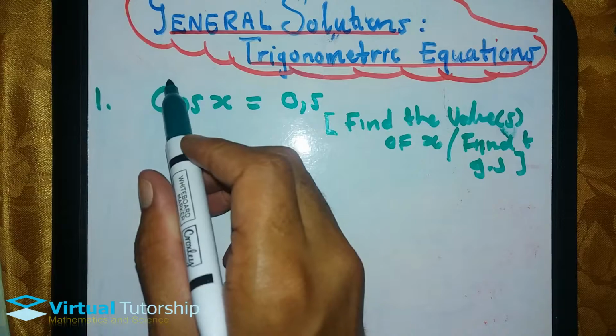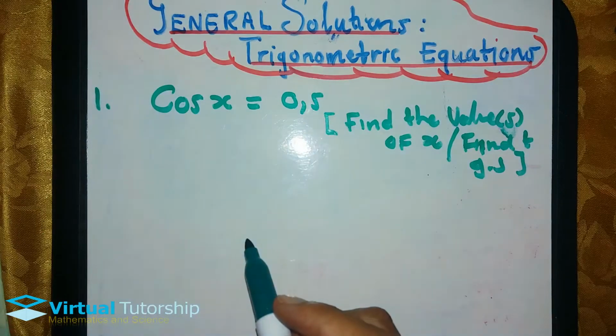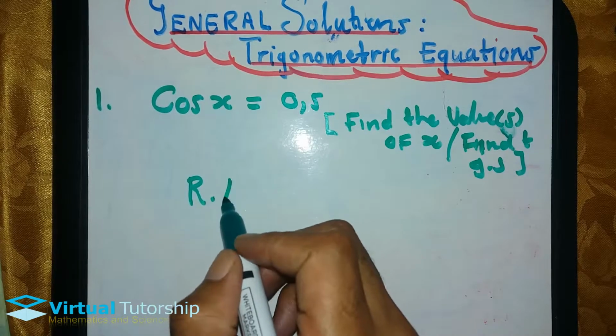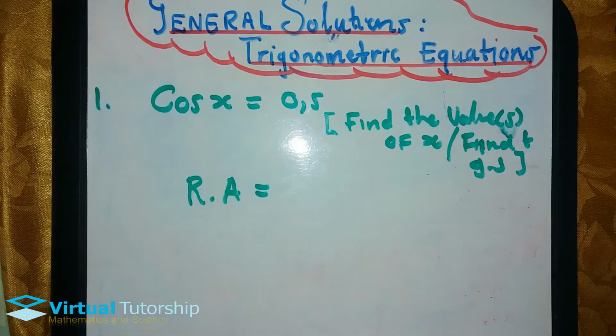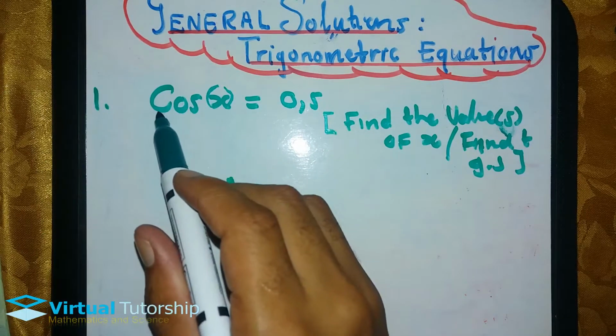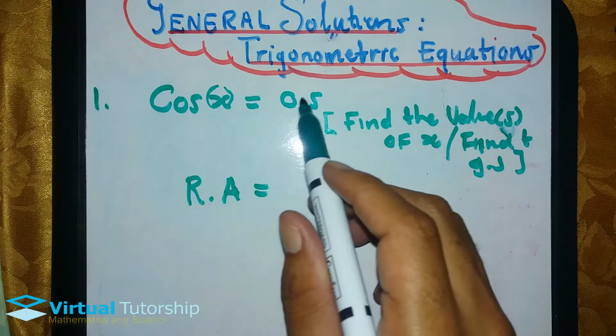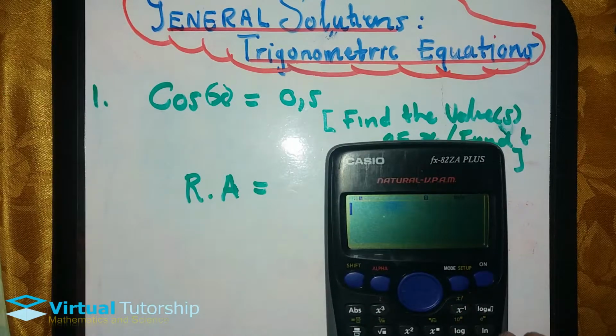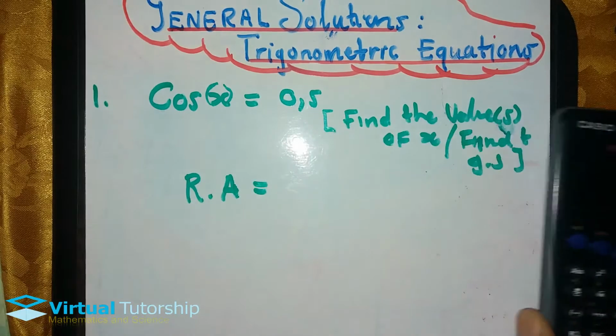Bheka ithini equation ethi cos x equal to 0,5, ne? So calculator what we call a reference angle, which is equal to the second function of cos to the 0,5. So uzoyenza so ke uzothi equal to the second function of cos 0,5, which is equal to 60 degrees.